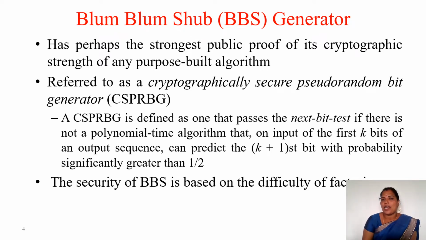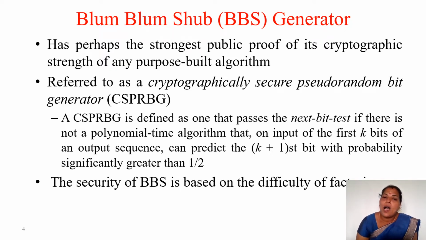This generator is defined as one that passes the next bit test if there is no polynomial time algorithm that, on input of the first k bits of an output sequence, can predict the (k+1)th bit with a probability significantly greater than 1/2. The security of BBS is based on the difficulty of factoring.